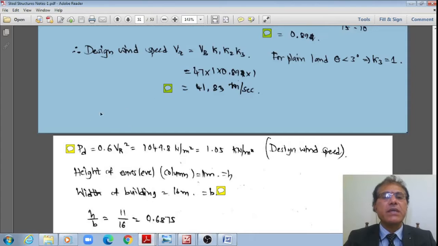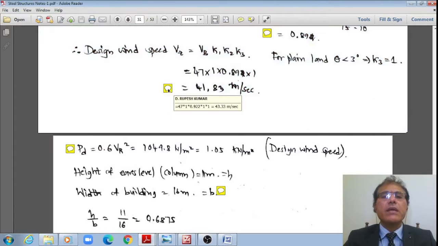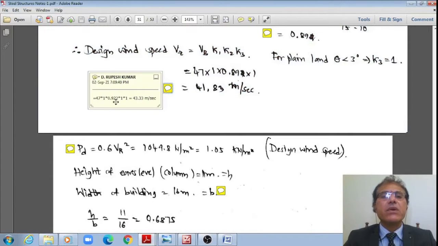Therefore, in such a case, Vz is equal to 47, the basic wind speed, multiplied by K1 is 1, K2 is 0.922, K3 is 1 and K4 is 1 because it is not a cyclonic zone.